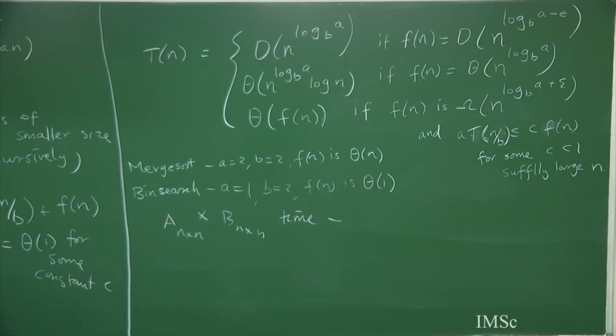Yep, n cubed, right. There are n square entries you are computing in the answer, and each entry takes n multiplications and n minus 1 additions. So that is n cubed.